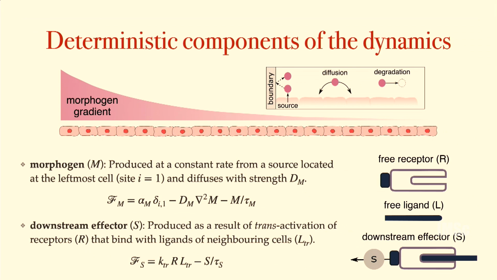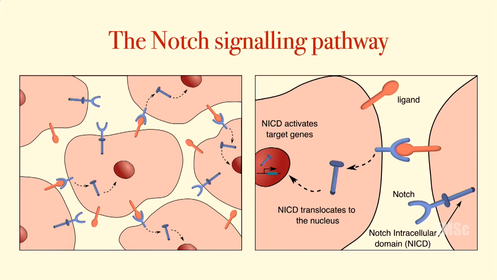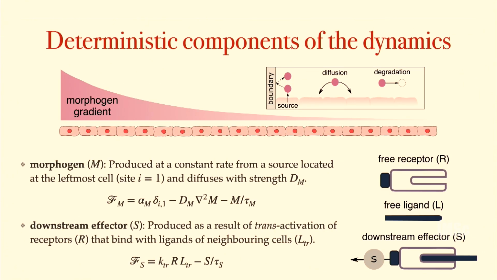As I said, if you recall from this image, there is a downstream effector that is transferred to the nucleus as a result of successful binding. That downstream effector, we'll just label as S. And this comes as a result of this so-called trans-activation, with receptors on the surface of a cell binding to ligands of a neighboring cell, right?